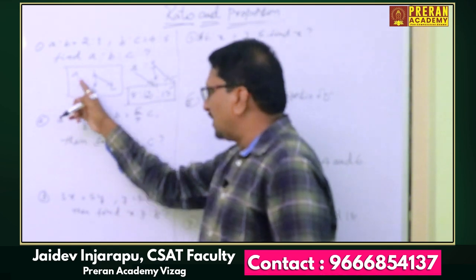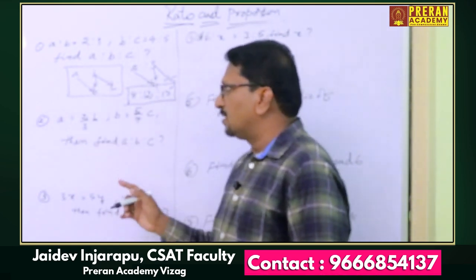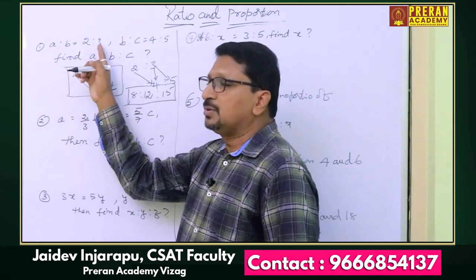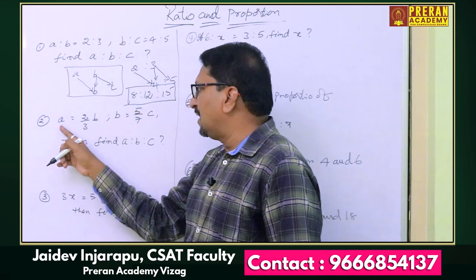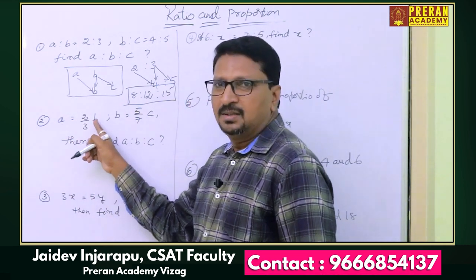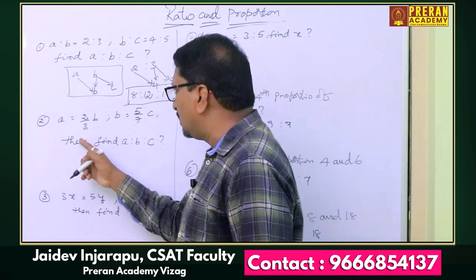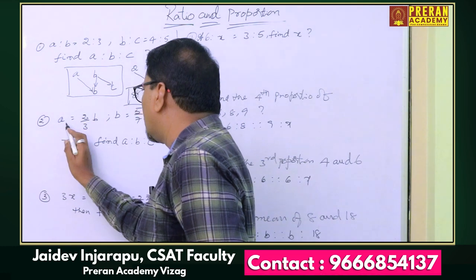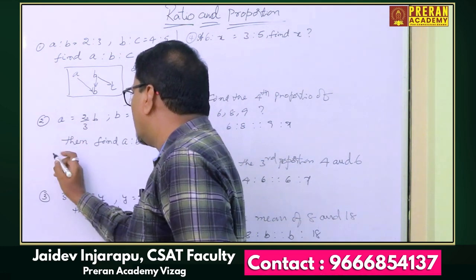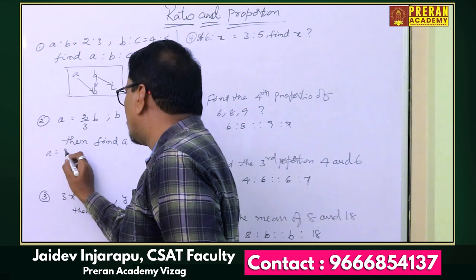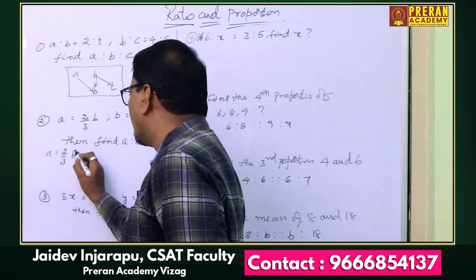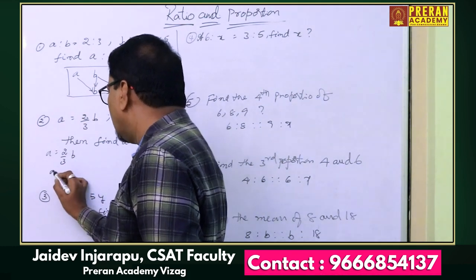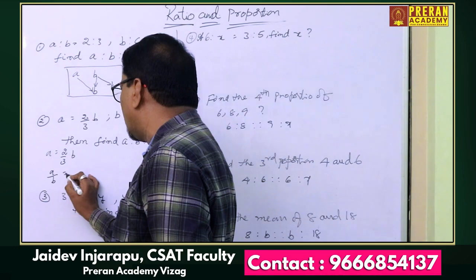Now you can apply the same for the next problem, but this is not a direct problem like this. Here directly he has given A is to B equal to 2 is to 3, whereas here he has given A is equal to 2 by 3 B. So we can convert this into A is to B. How can we convert? A is equal to 2 by 3 B. Now send this B to the other side, then it will be A by B is equal to 2 by 3.